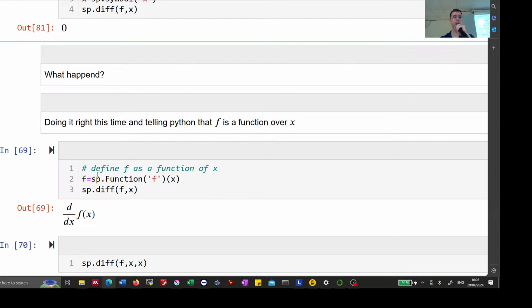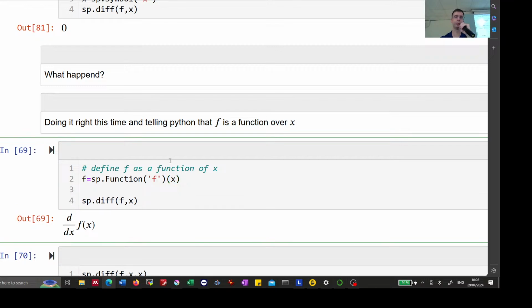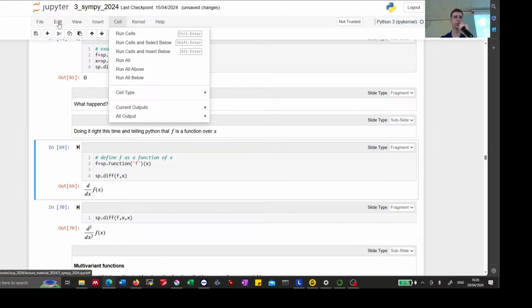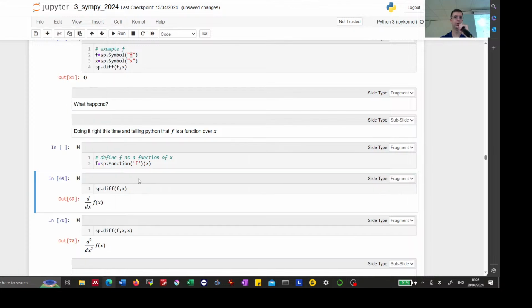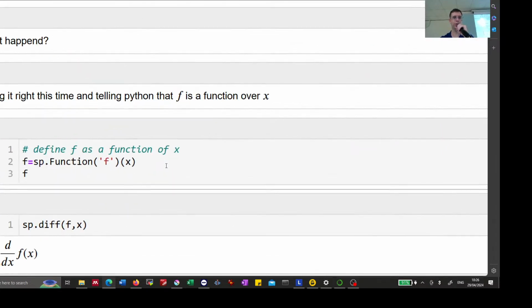Okay, so how do we define a function? Well, we use SymPy function. We say how we want to represent that function here with an f, and what type of arguments it takes, x. So when we look into f now, we actually see f is a function of x.